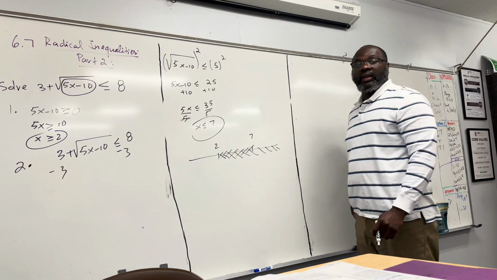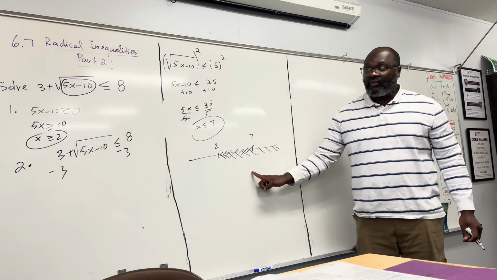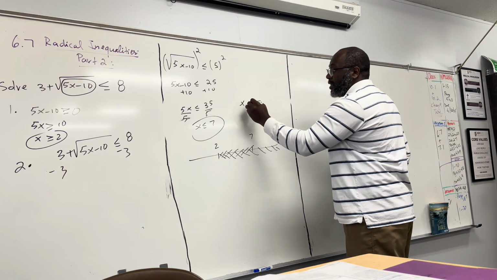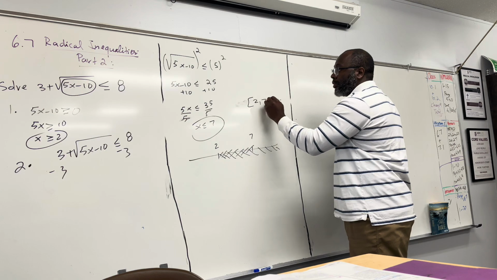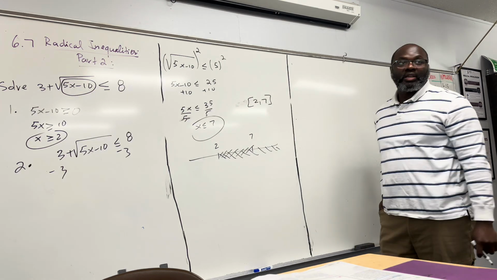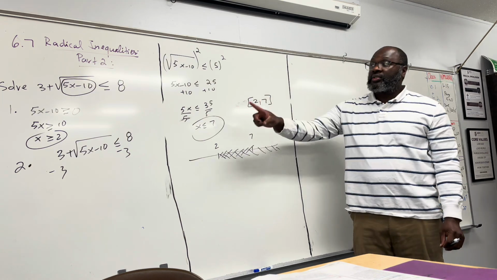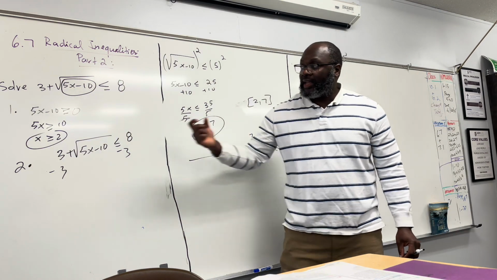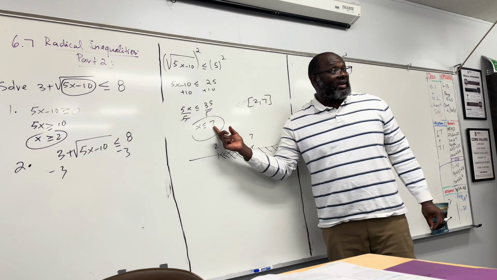So where do we meet? Between 2 and 7. So your solution is x between 2 and 7. That's your interval, 2 to 7, because these two conditions have to be met. First, x has to be greater than or equal to 2, and x also has to be less than or equal to 7.